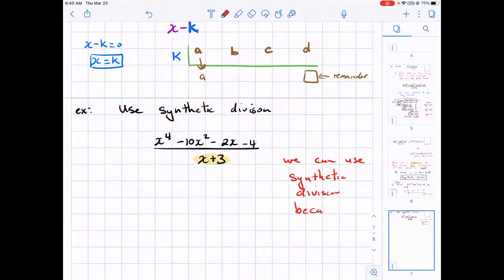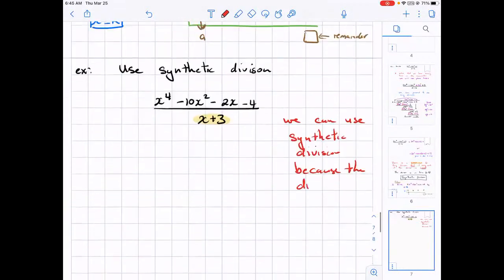Because the divisor is linear. This is what tells us if we can use synthetic division.